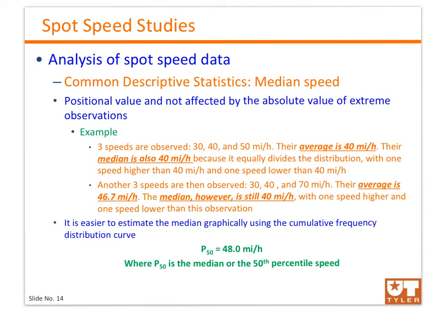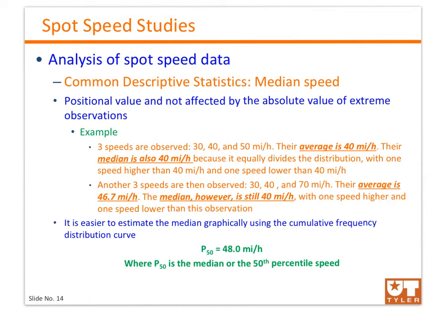Another common descriptive statistic that we need to obtain is the median speed. Median speed is simply a positional value which is really not affected by the absolute value of the extreme observations. For example, if I have three speeds that were observed at a certain location, 30 miles per hour, 50 miles per hour, and 40 miles per hour, as you could see here, the average is 40 miles per hour, but the median is also 40 miles per hour, because the median is the number in between.